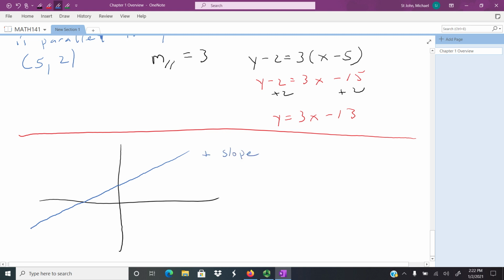Perpendicular lines, when they cross, meet to form a right angle. So this other line is going something like this, and it is going to have a negative slope. So for perpendicular lines, the slopes are negative reciprocals.